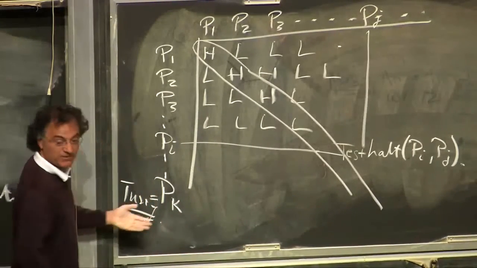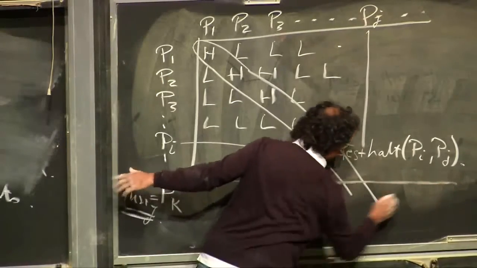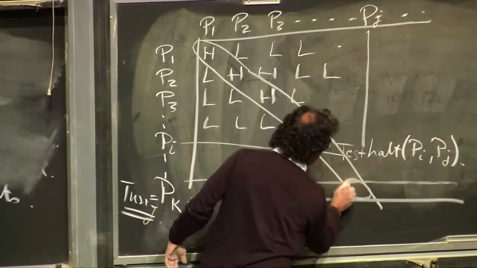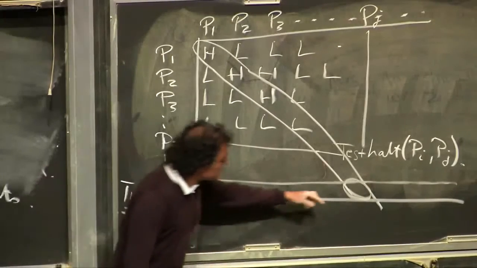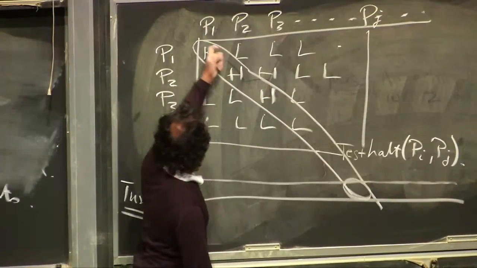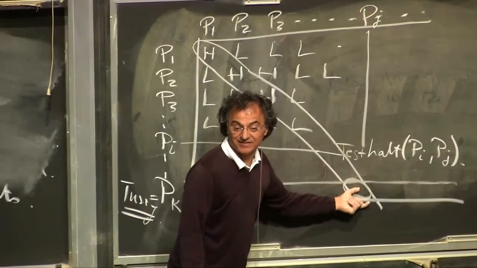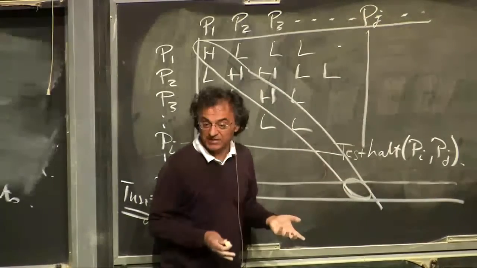If it's a program, it must occur somewhere on this list. Maybe it's this particular program. But now look at this diagonal entry. Whatever this diagonal entry was, we flipped the entry. The way we defined Turing is we took all the diagonal entries and we flipped them.